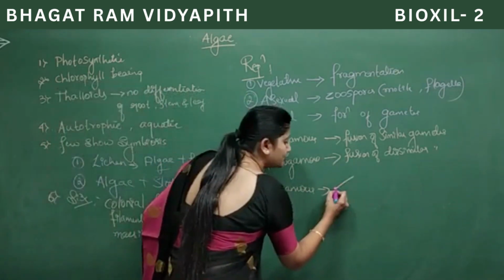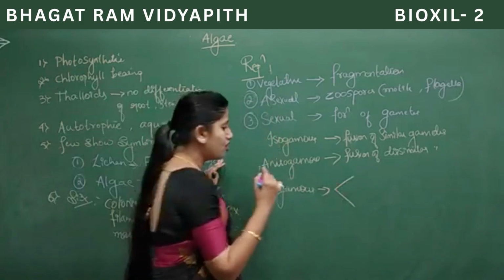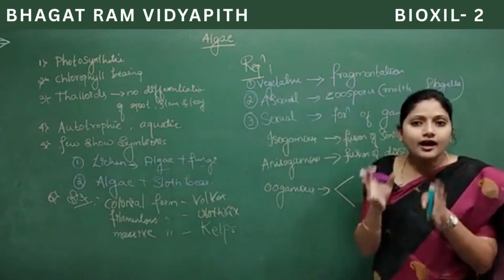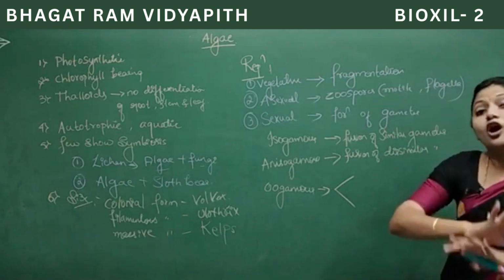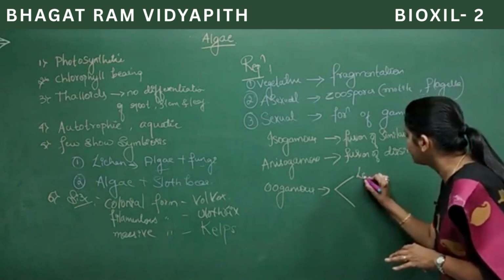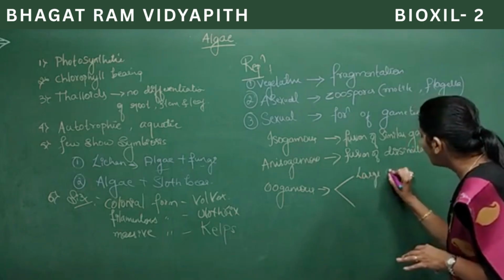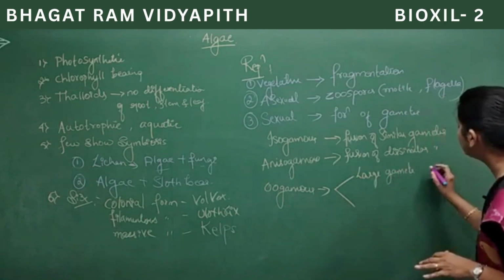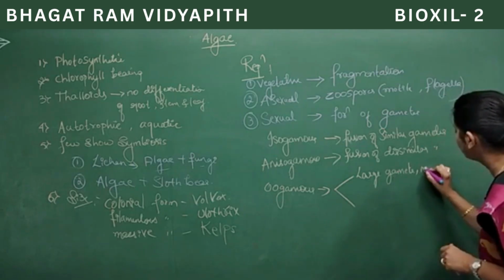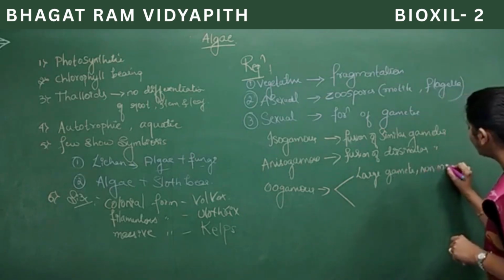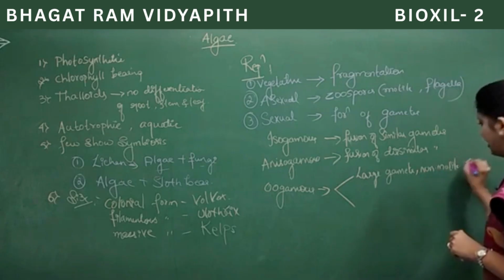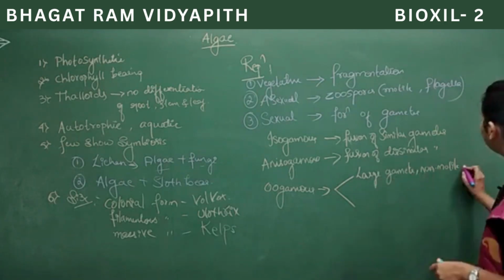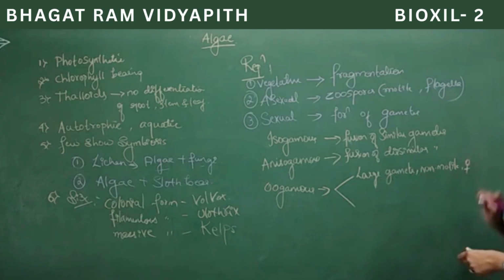The two gametes involved are, one, a large gamete which is non-motile in nature, and this large non-motile gamete is usually female.